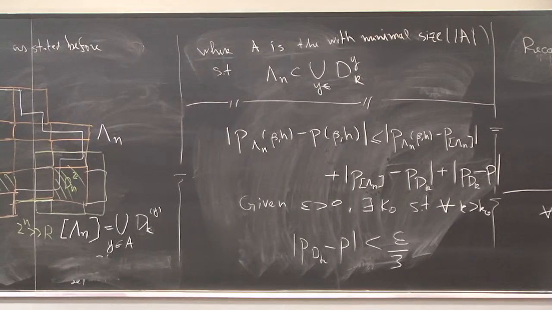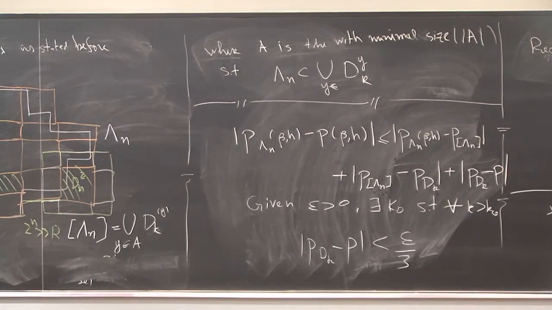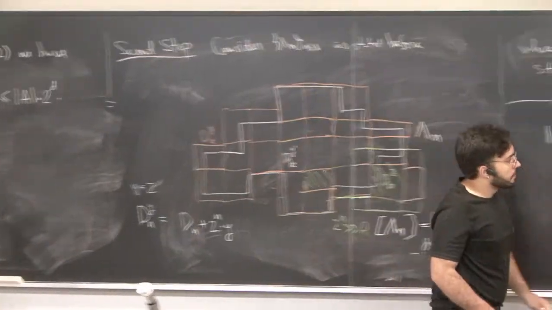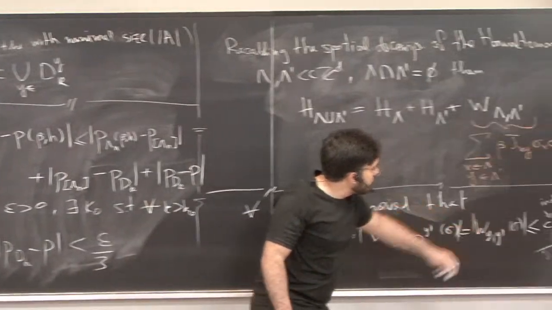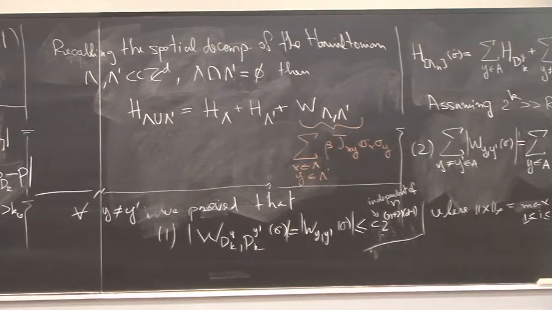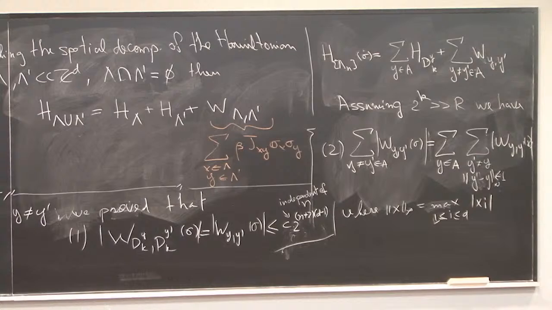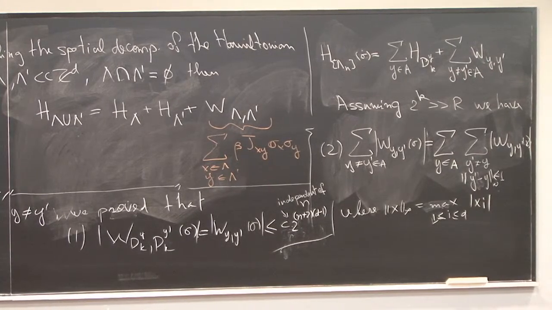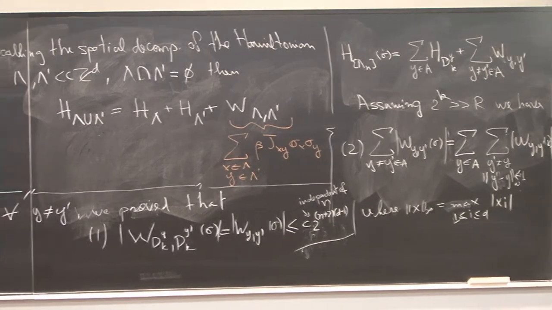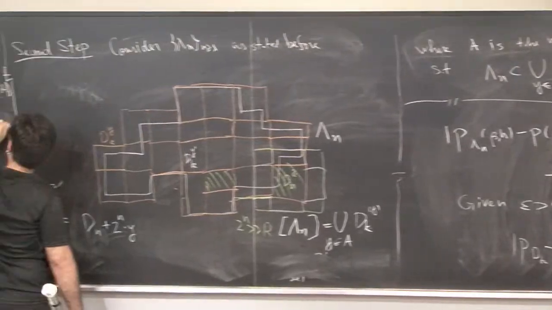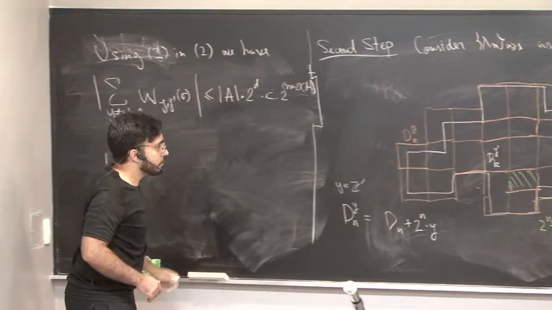I guess it's easy to see this. And times this value over here, so the constant c times 2 to the n plus 2 d minus 1.